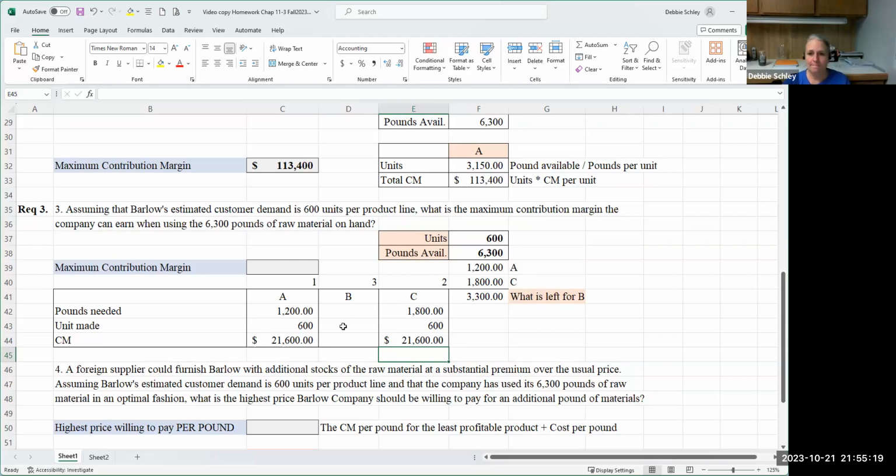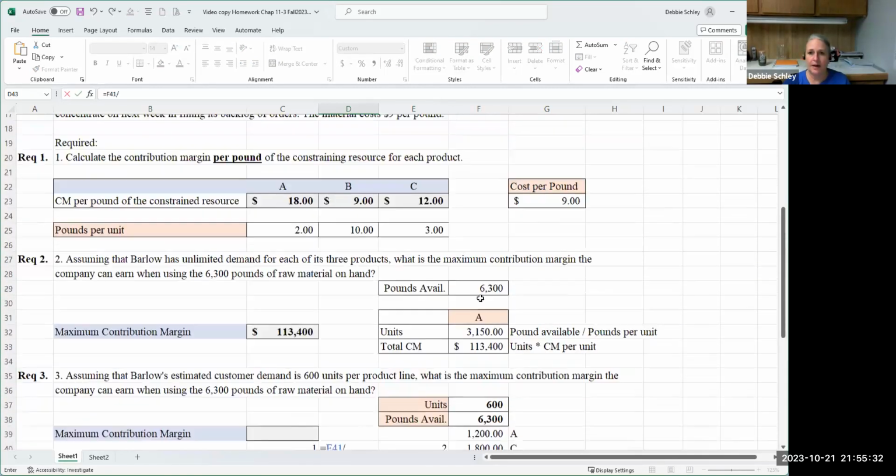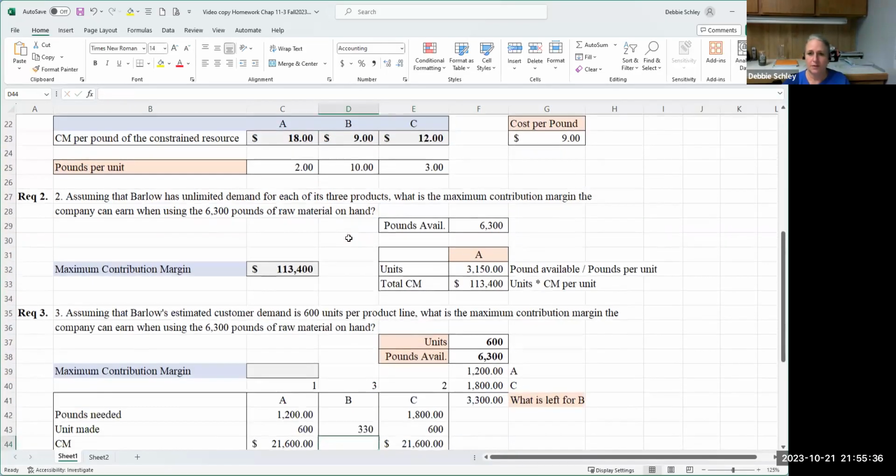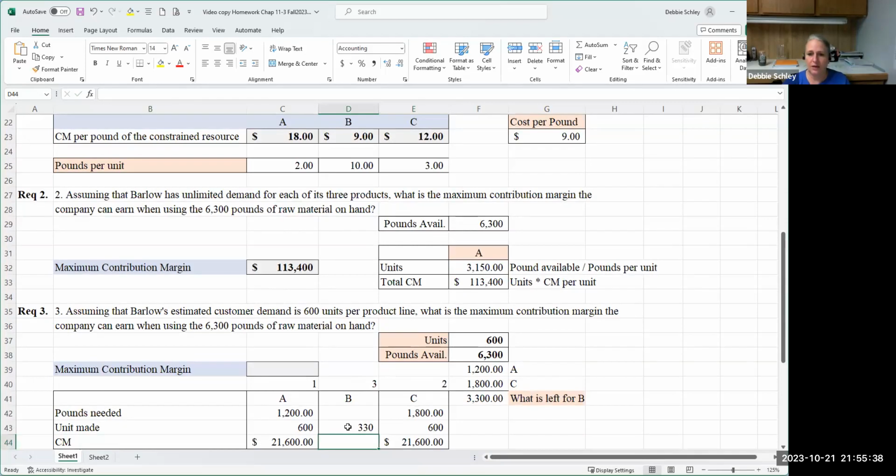So then B. First, I'm going to figure out how many units I can make of B because I have this many pounds of materials, and I'm going to divide that by the pounds per unit. And I can only make 330 units of B. Even though I could sell 600, I only have enough material left to make 330.